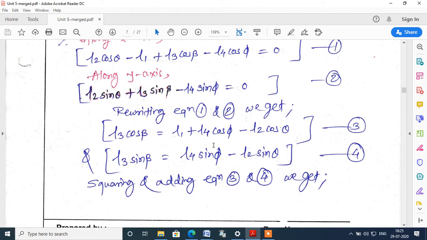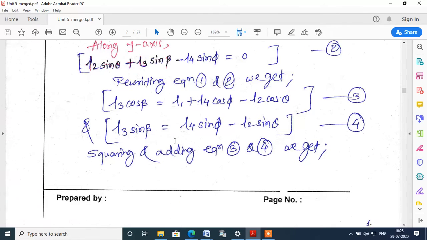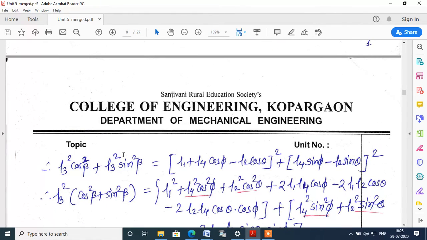Now squaring and adding equations 3 and 4. On the left hand side we get L3 square cos square beta plus L3 square sin square beta, and on the right hand side the square plus square. So this becomes L1 plus L4 cos phi minus L2 cos theta, bracket square, plus the second bracket L4 sin phi minus L2 sin theta, bracket square.